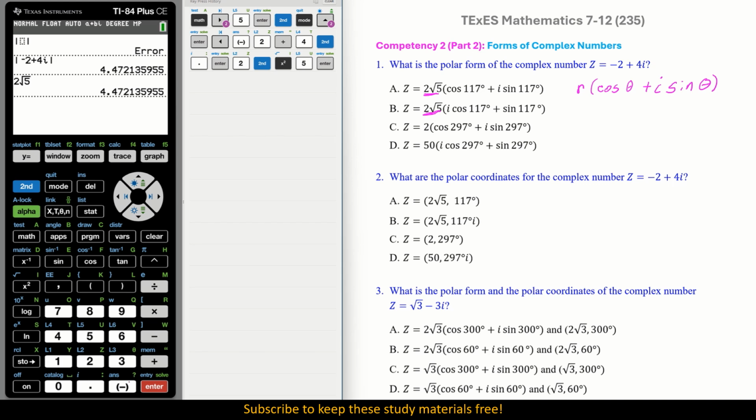Same number. So we have just eliminated C and D. Now, that gets us r. That's what r is. r is the magnitude of this vector that's created by our complex numbers.